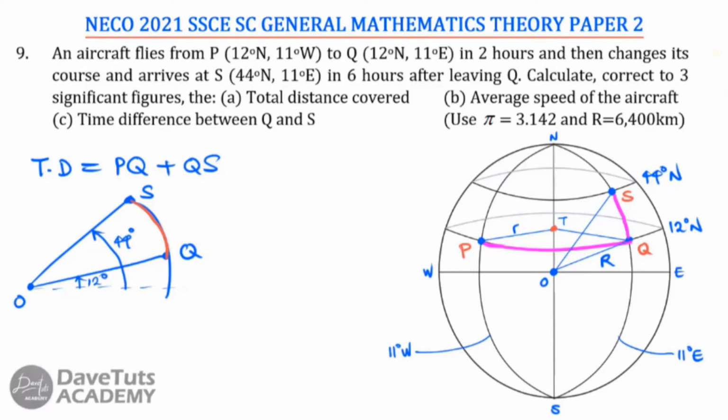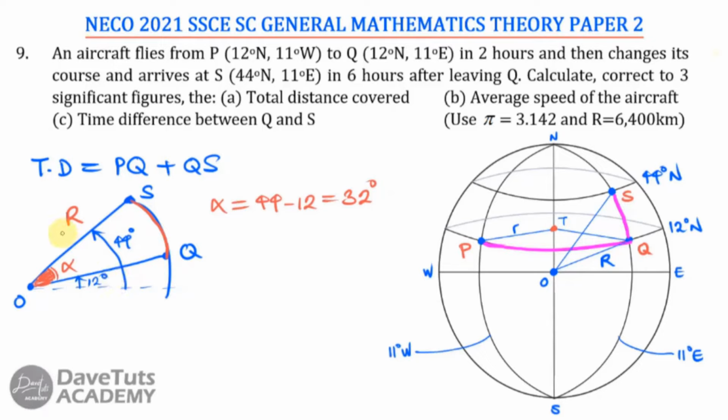And now the angle between them, if I maintain that, I'll call it alpha. You can see that alpha is going to be the difference between 12 and 44, that alpha here is going to be 44 minus 12, and that is 32 degrees. So this angle here is nothing but 32 degrees. And then in this particular case, we note that this is R, which is also the same as OQ.